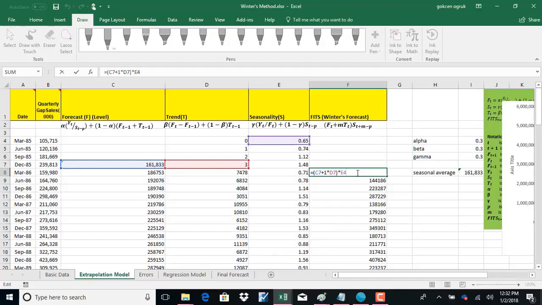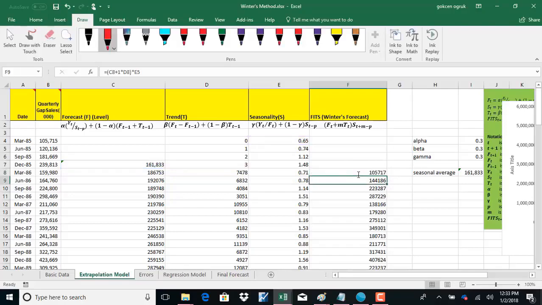Therefore, since we are forecasting F(t+1), we will use the level at time t, which is 161,833. We have to go back 1 period. Then we add m, which is 1, times the trend at t, and trend at t is 3. This sum is multiplied with the seasonality index of quarter 1 of the previous year. So that is our forecast including trend and seasonality.